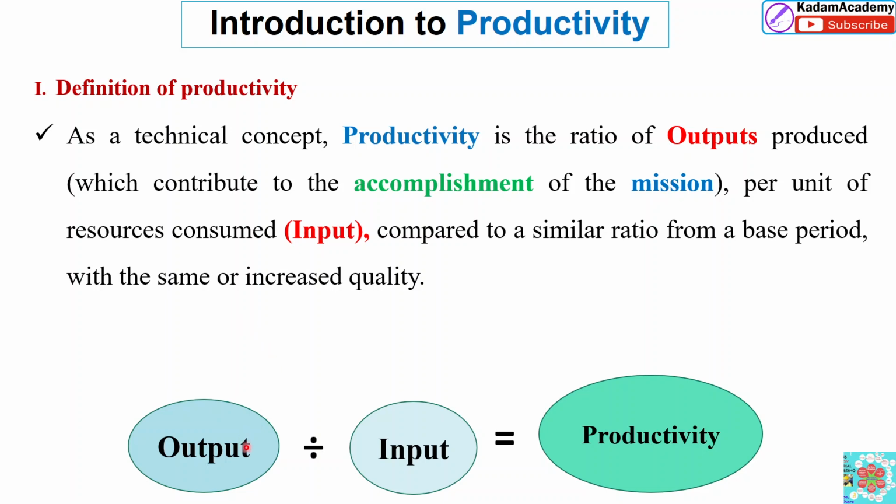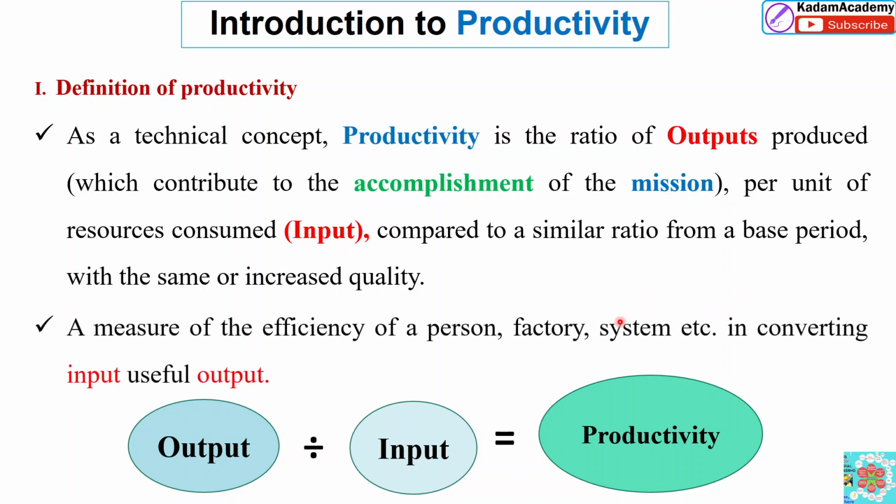This means output upon input, whatever the output upon input accounts to the accomplishment of the mission objectives of the company. So that is the productivity trend. If we can measure the efficiency of any person or factory or system in converting useful input to output, that will be the productivity. So friends, this is nothing but productivity.